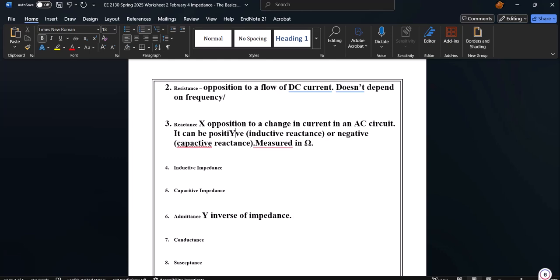And Y equals G plus jB. So just like impedance Z equaled R plus jX, admittance is Y equals G plus jB. So when I say inverse of impedance, I mean 1 over Z.